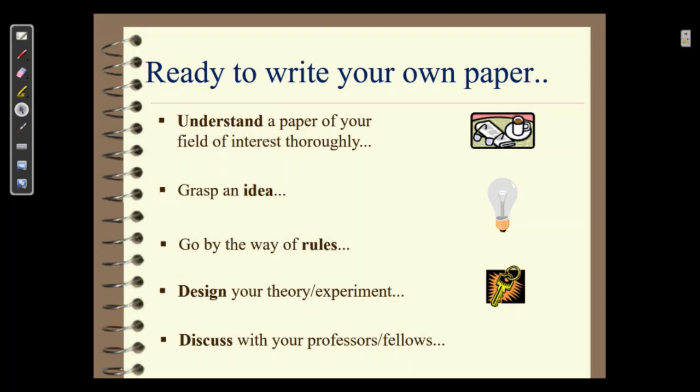Understand a paper of your field of interest thoroughly. We should understand what is going on in the paper, how we can set up the experiments, and how others do that. Then we have to grasp some ideas from the existing literature.